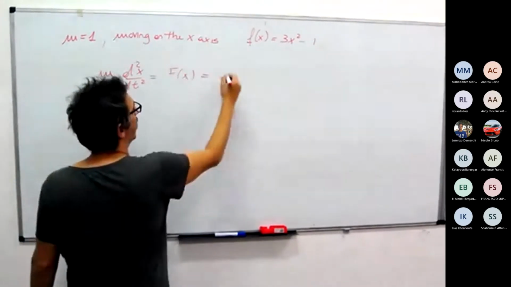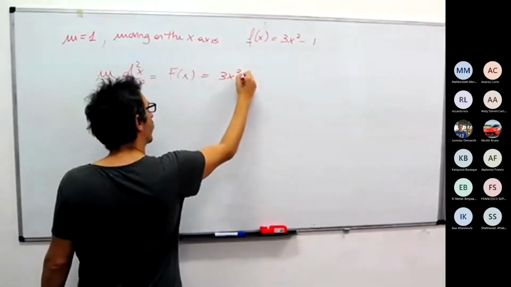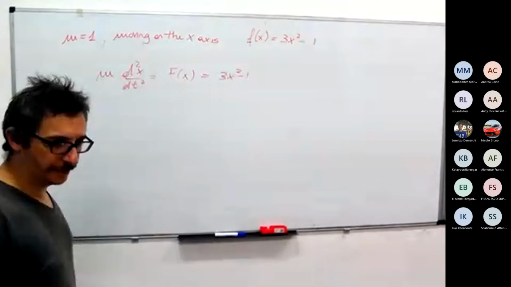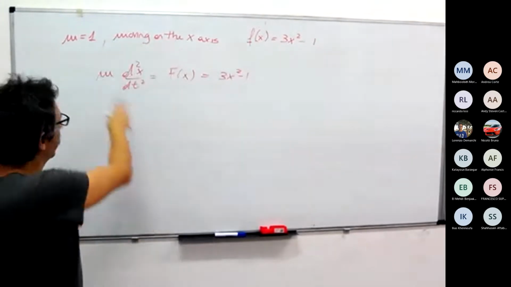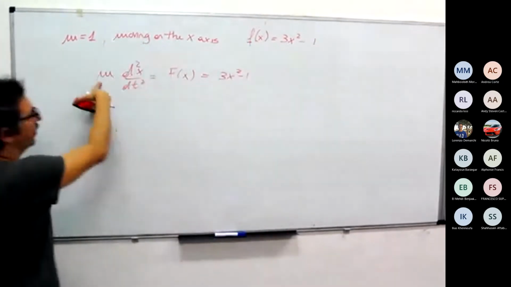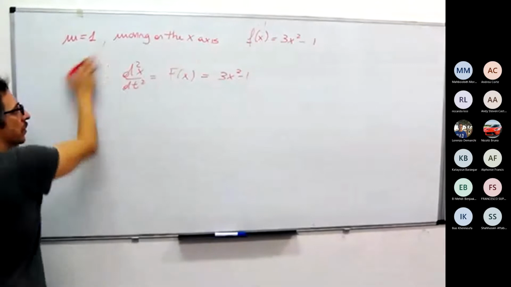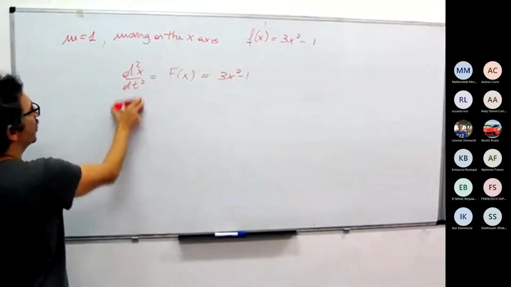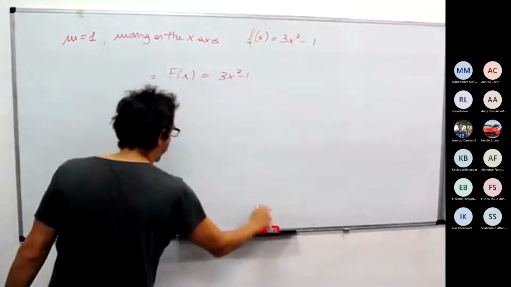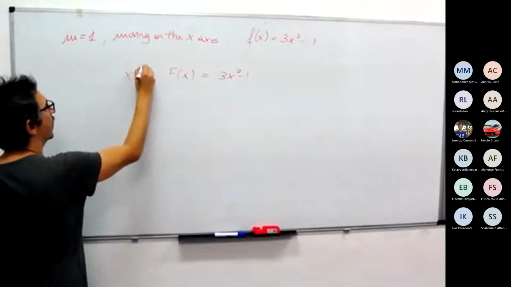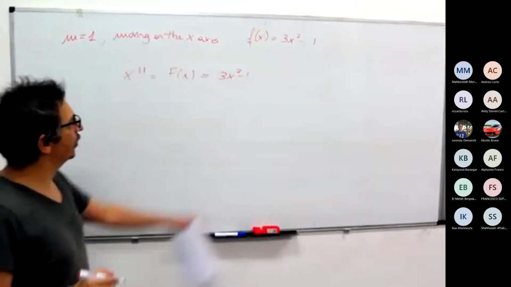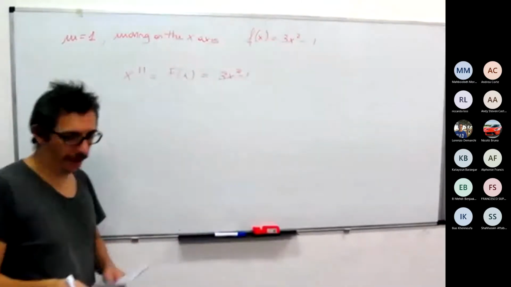So this guy here is 3x squared minus 1. On the other side, we say that the mass is equal to 1. So let me write this guy as x prime prime. So it's x prime prime equal to 3x squared minus 1.